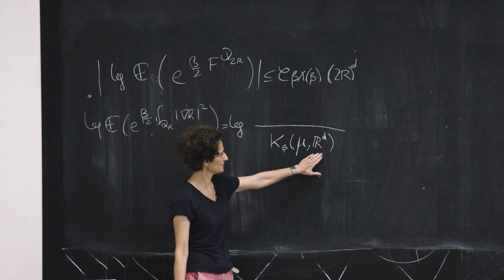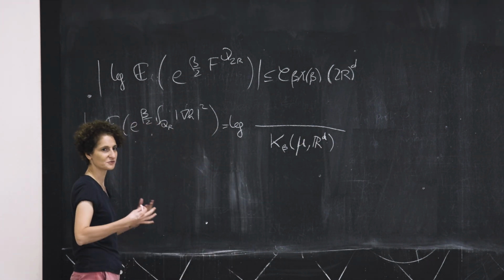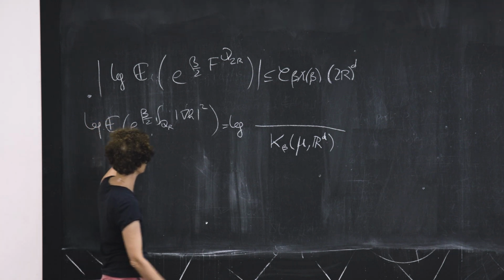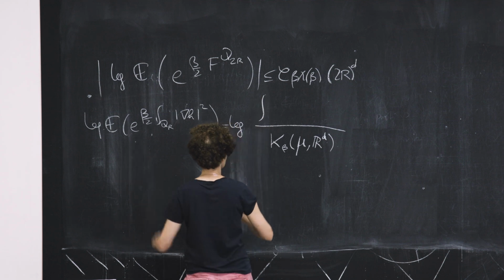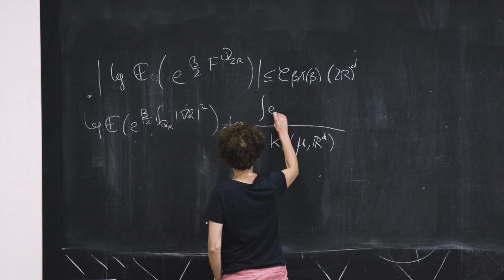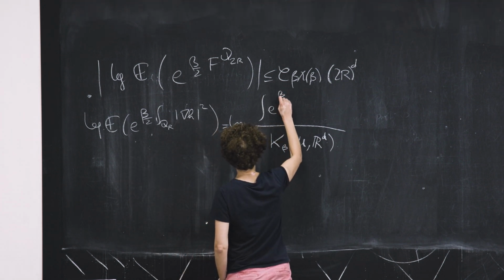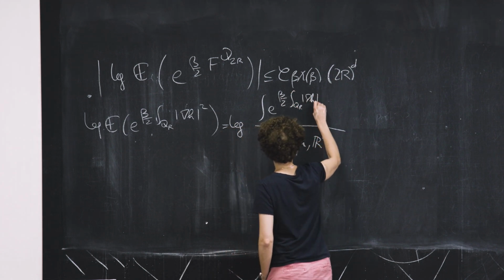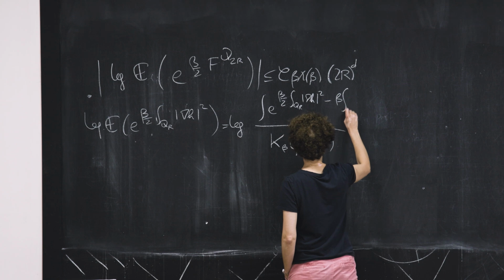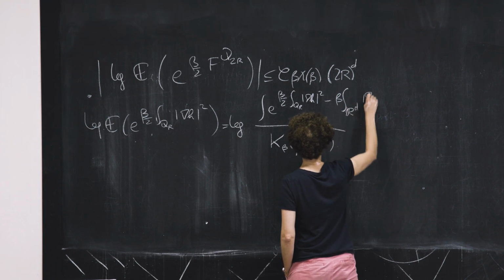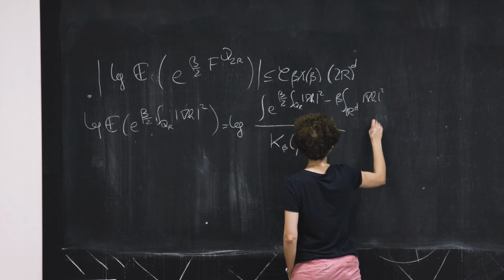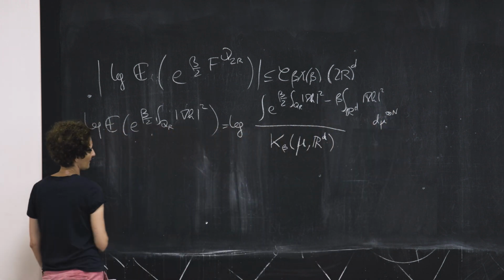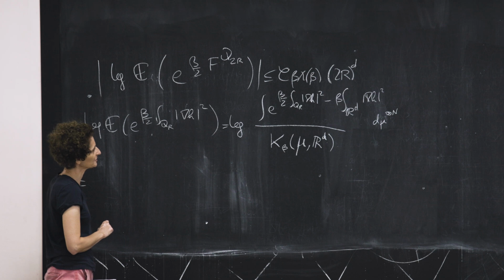It's not a restricted partition function, it's the full partition function. And in the numerator, I'm just going to put the integral of e to the beta over 2, minus beta integral over the whole space. Okay, and then there's the d mu tensor n times.